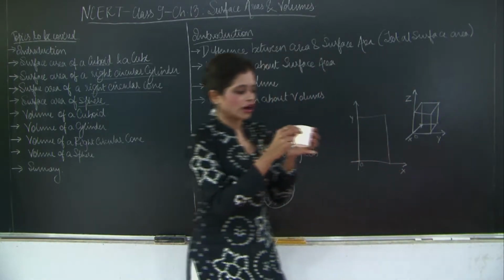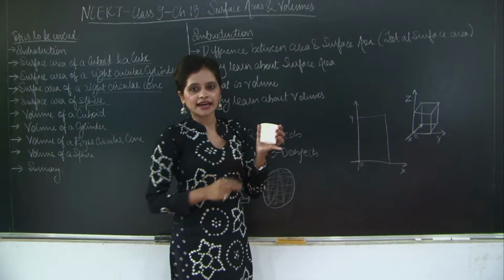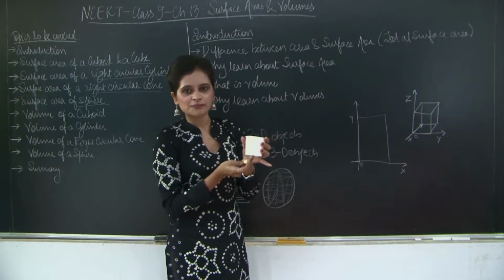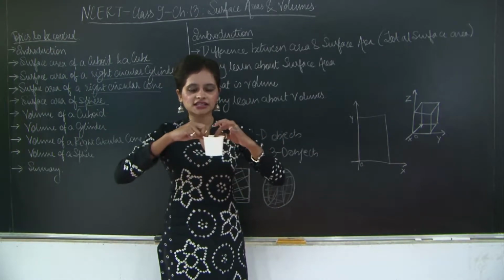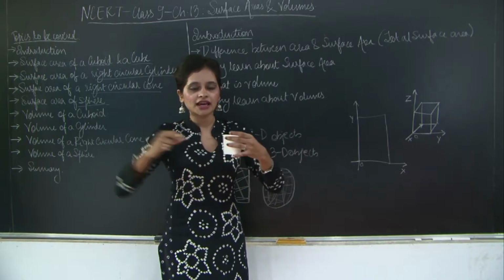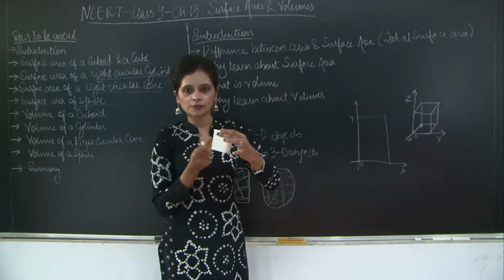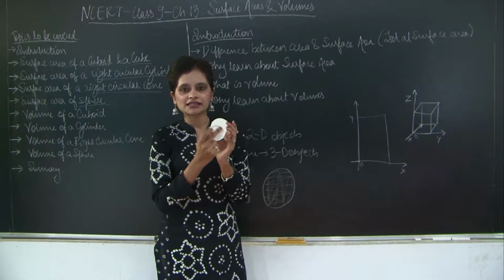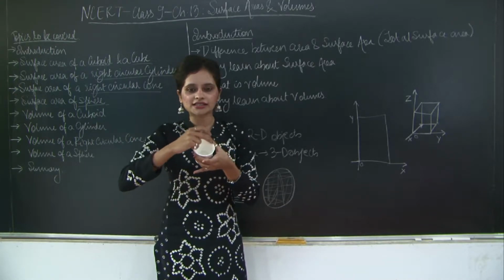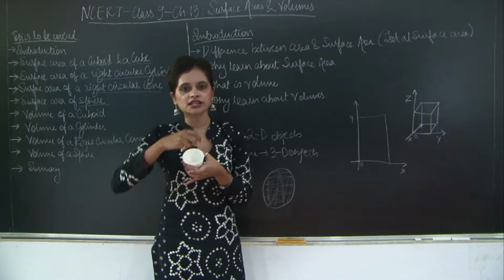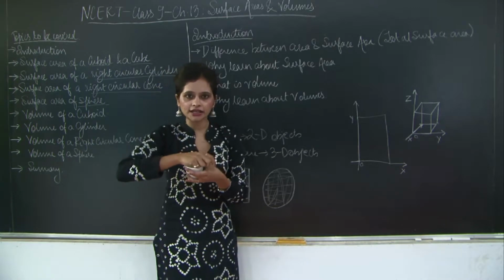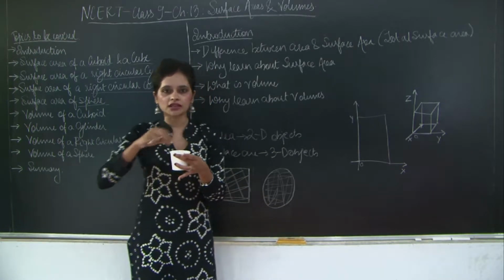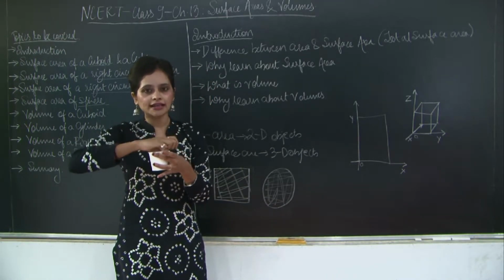So if I draw a line over here and I cut this region and I remove this base, then the total area, this cup will open up, right? So the entire area would be this curved surface area plus this area. I won't be taking into consideration this area over here because it does not have a lid. Had it had a lid, then I would have got the total surface area including the lid as well.